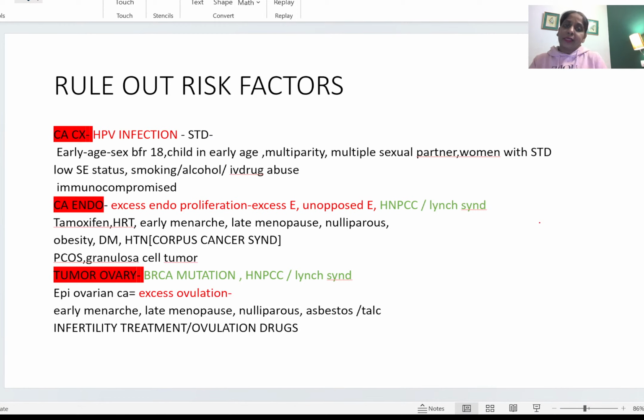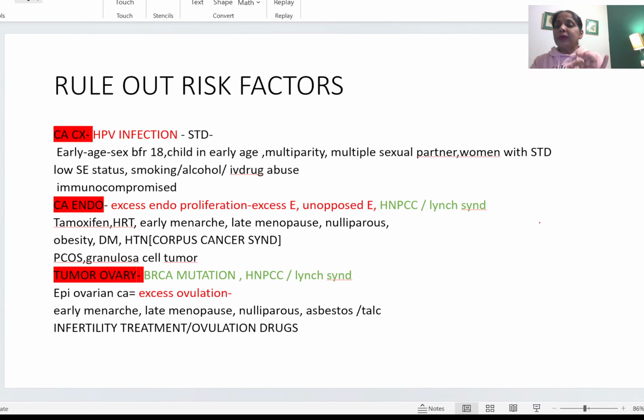They know that they can get CA endometrium while taking the medication for CA breast, because tamoxifen is estrogenic on endometrium.